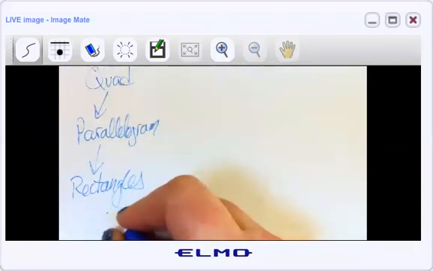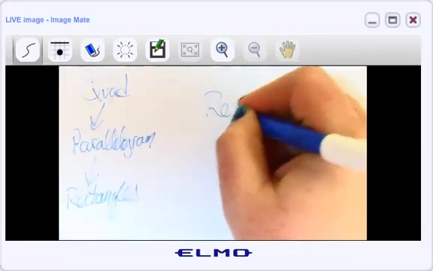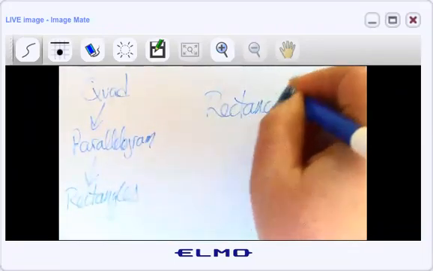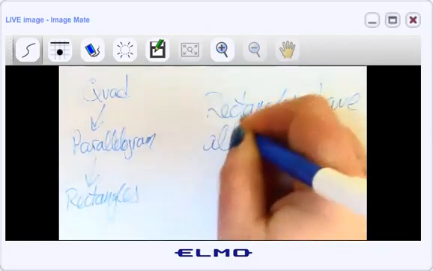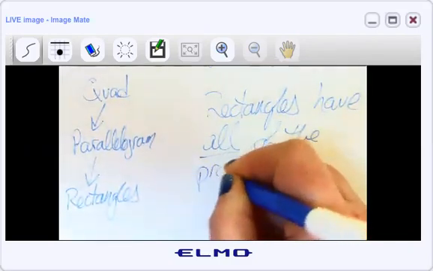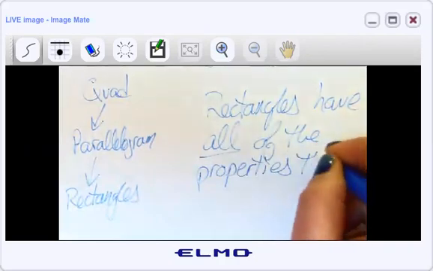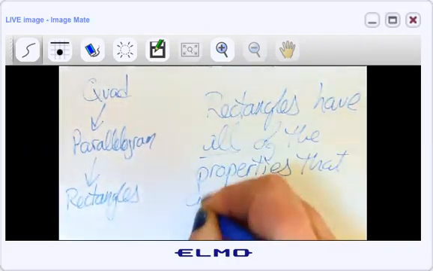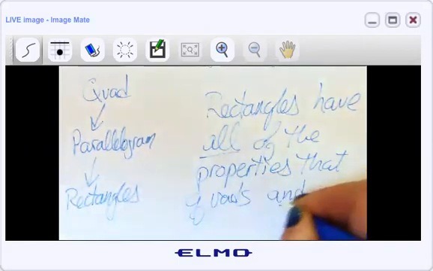So let's even write that down. I'll put it over here. Rectangles have all of the properties that quadrilaterals and parallelograms have.